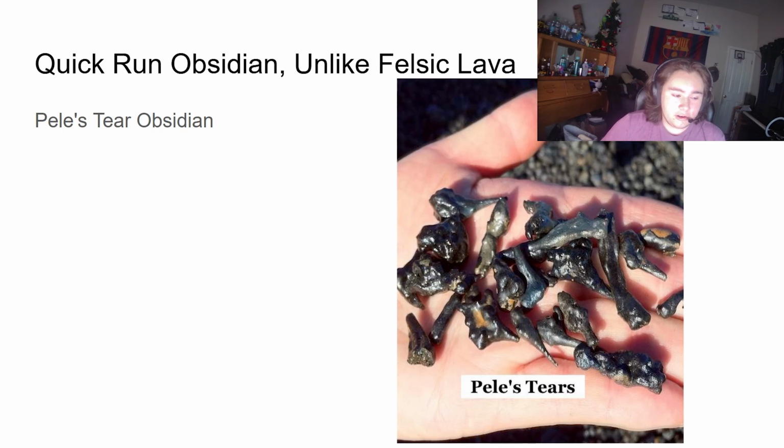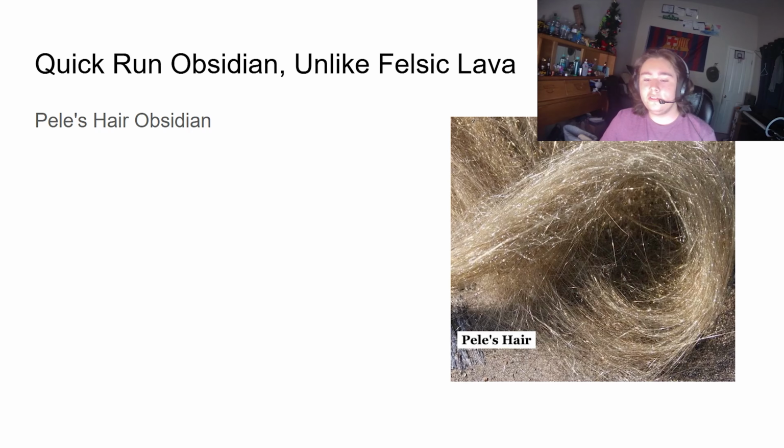It is very thin and, no, that is Pele's Tears. Sorry. And then this is Pele's Hair Obsidian. It looks like I didn't really write anything down for this. I'm not too sure how this stuff forms.